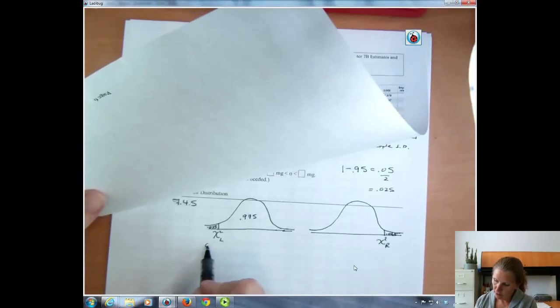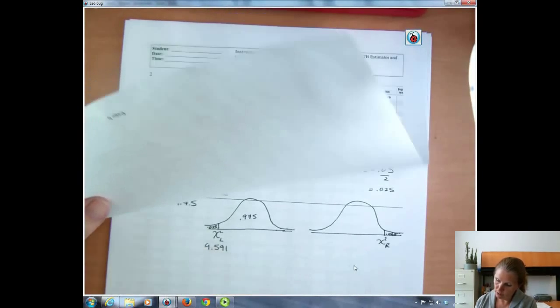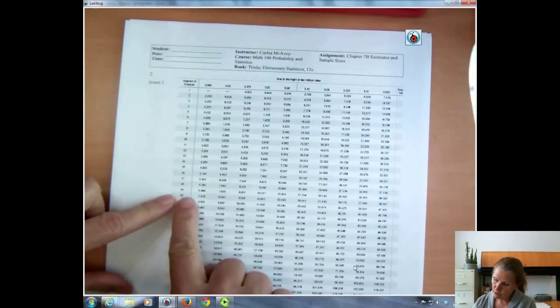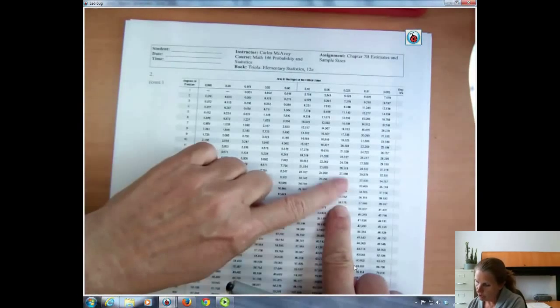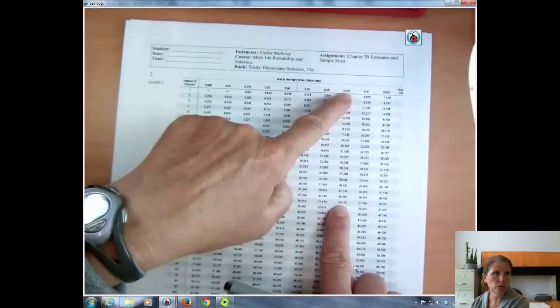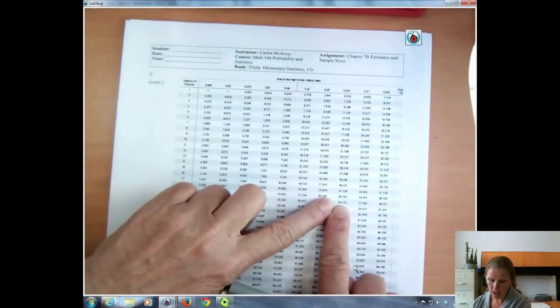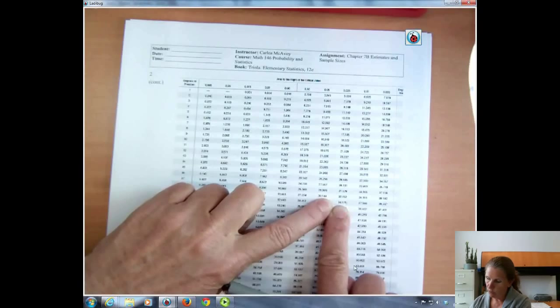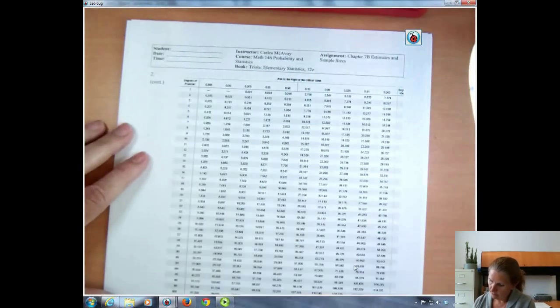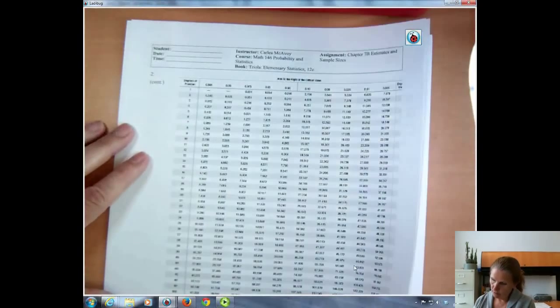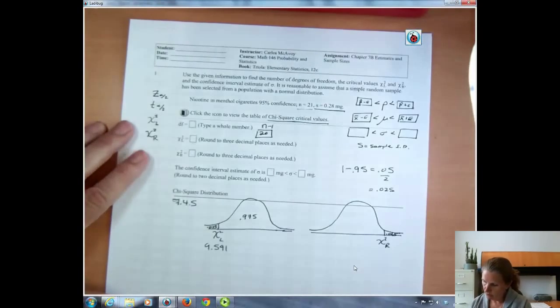For 20 degrees of freedom over here to the right, 0.025, that's what I had to the right. If I come straight down there, I get 34.170.